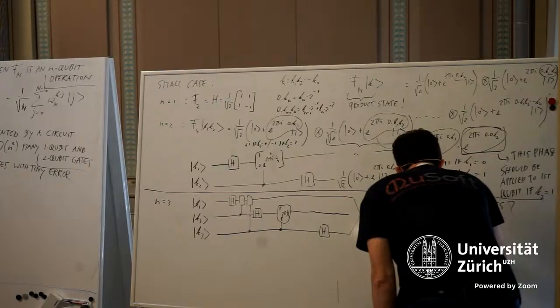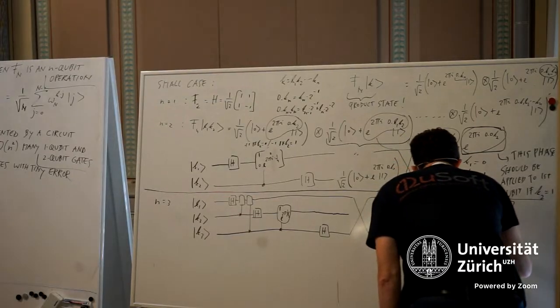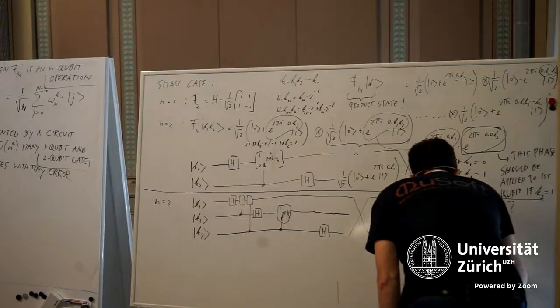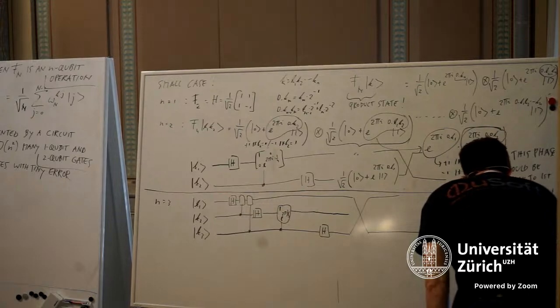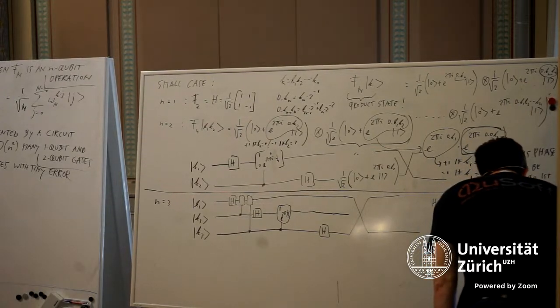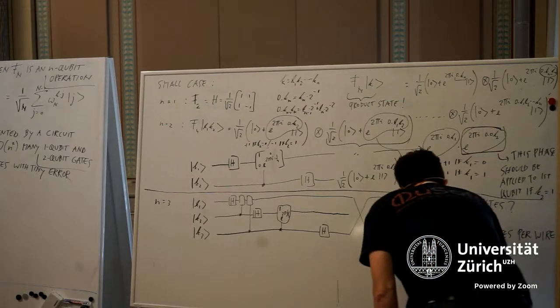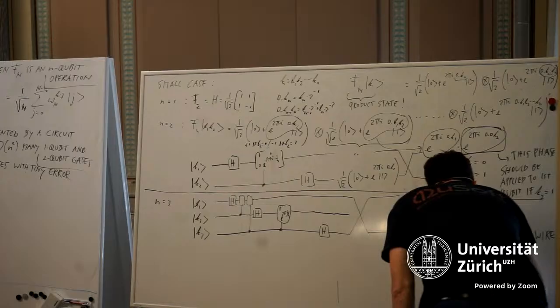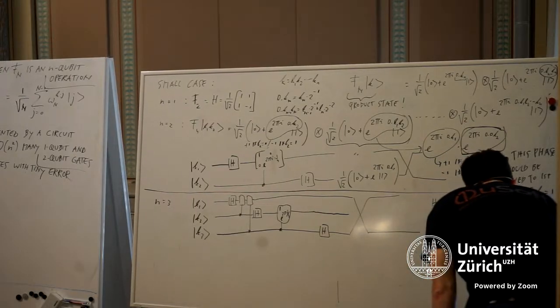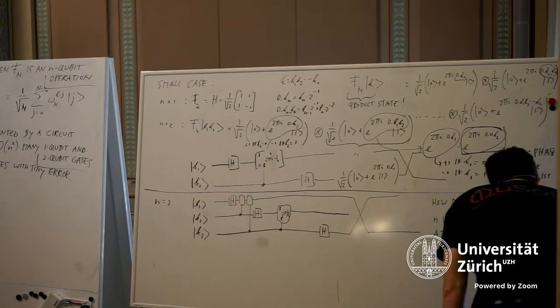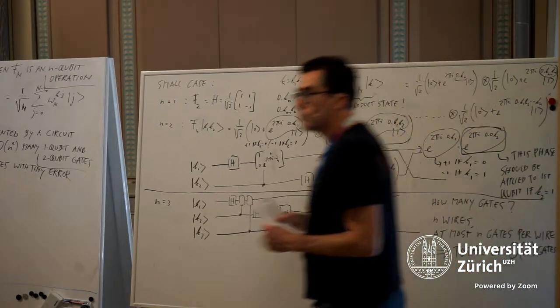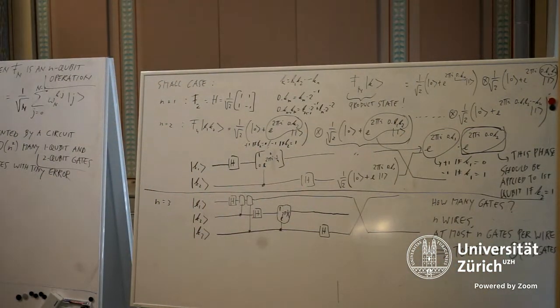So there are n wires, or n qubits, with at most n gates, maybe controlled gates, per wire. So that's a total of order little n squared gates. That's polynomial in the number of qubits that we're acting on, and we think of this as an efficient circuit. So that justifies the claim that I wrote here.